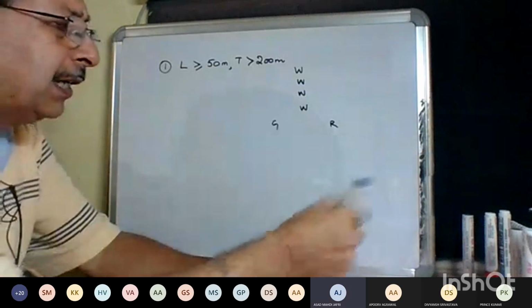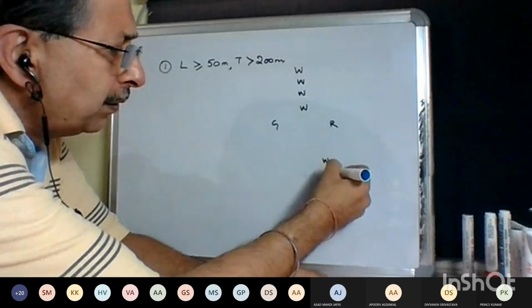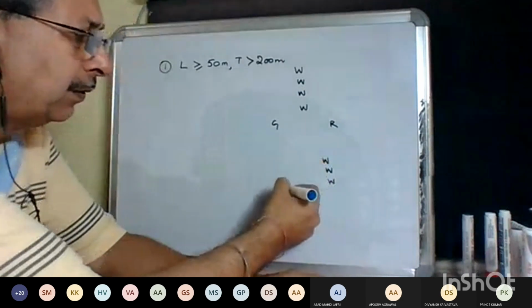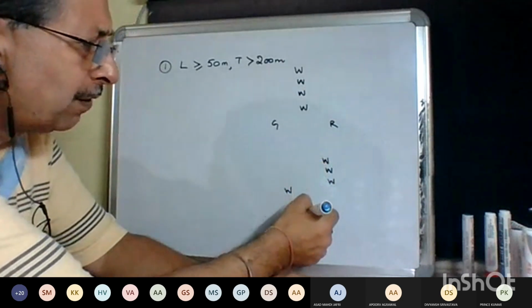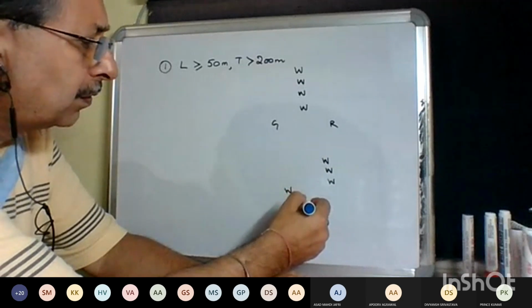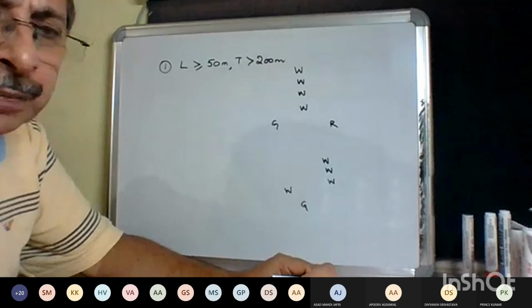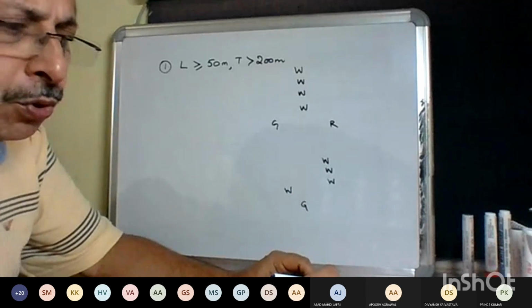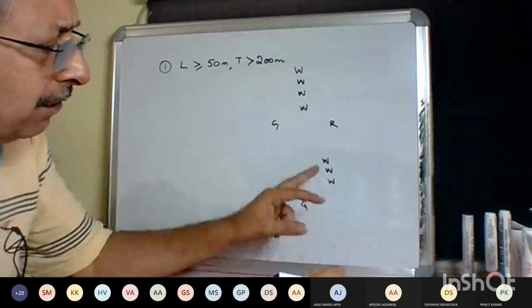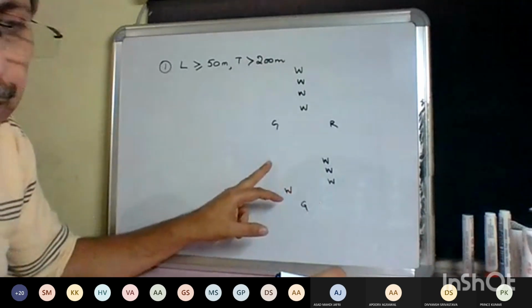If you want to see this from the side, it can look like this also. White, white, white, the fourth one white here. And green, supposing it is showing its starboard side, crossing from port to starboard. You can have 3 here, 1 here. You can have 1 here, 3 here.